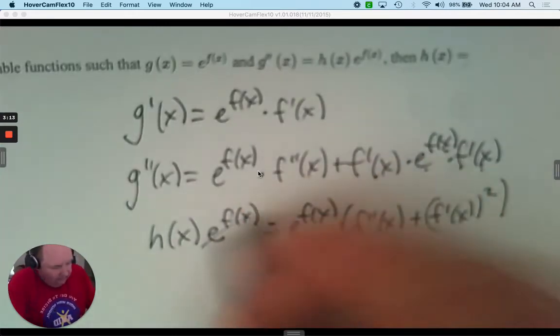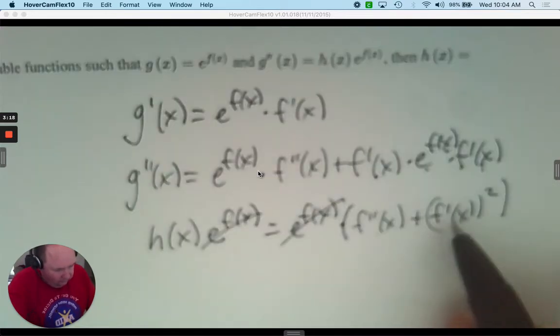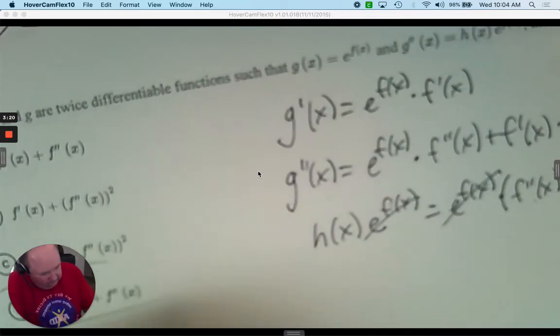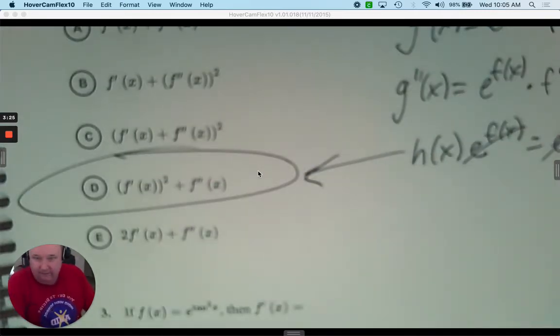If I divide out e to the f of x, I get the second derivative plus the first derivative squared. There it is right there. So that answer is D.